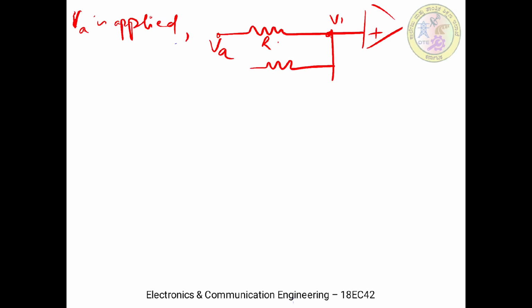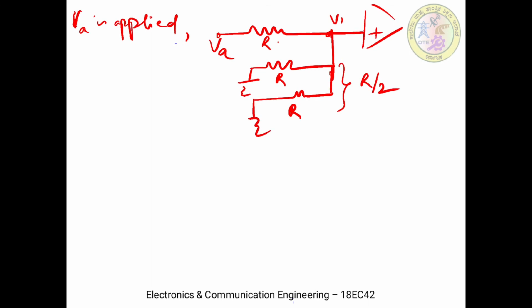Therefore at the V1 terminal we can write the equivalent circuit. We have here the R resistor, the VA input. The remaining 2 resistors, R and the other R, are now connected to 0, so the effective resistance you have to calculate will be equal to R by 2.